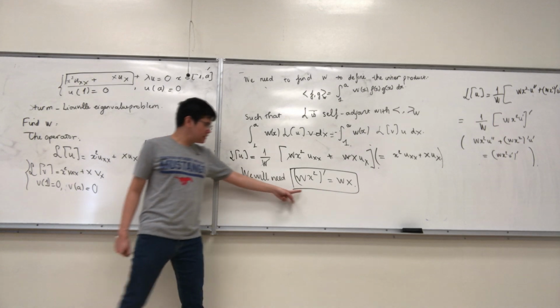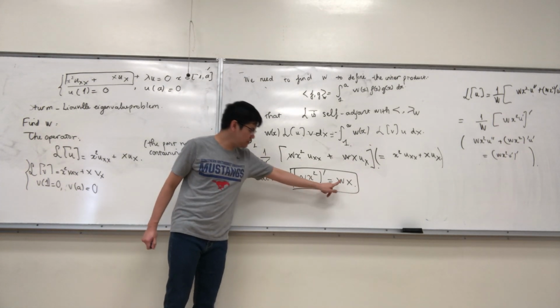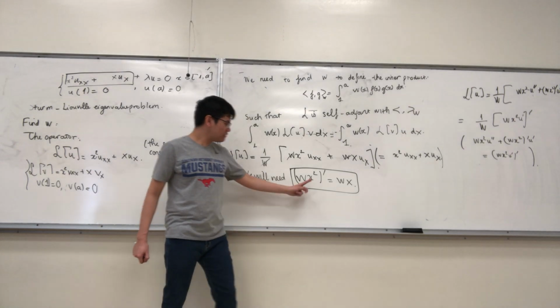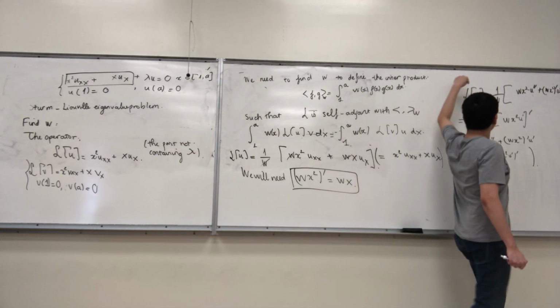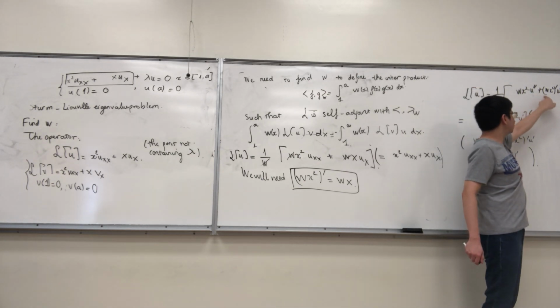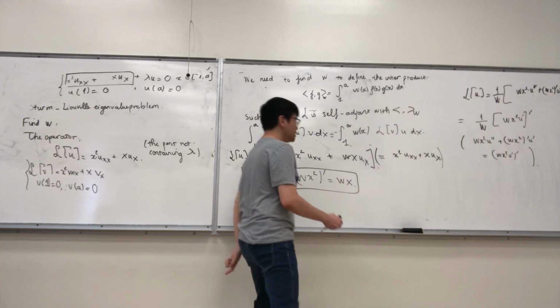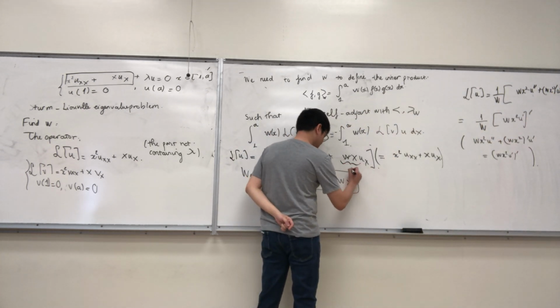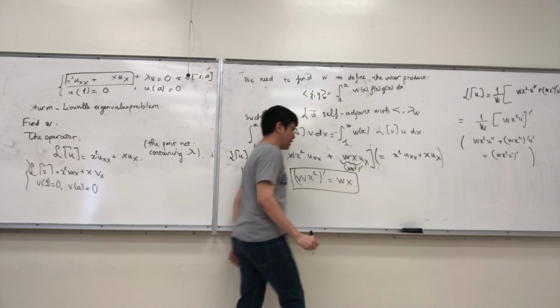The trick is that you choose w such that (w x squared)' is equal to w x. When you have (w x squared)' equal to w x, Lu is 1 over w times (w x squared u'' plus (w x squared)' u'), because here you already have w x equal to (w x squared)', right?